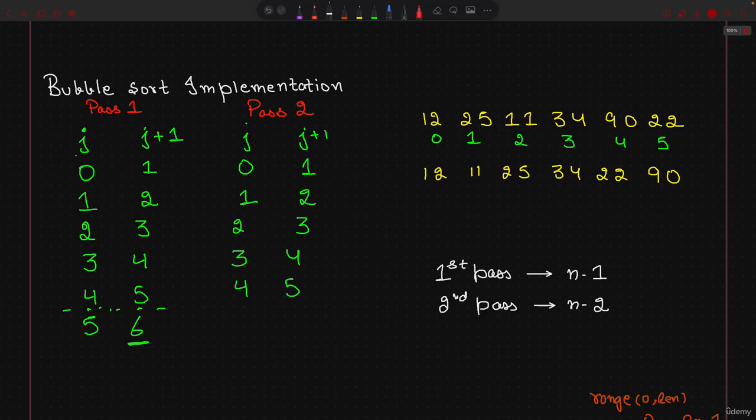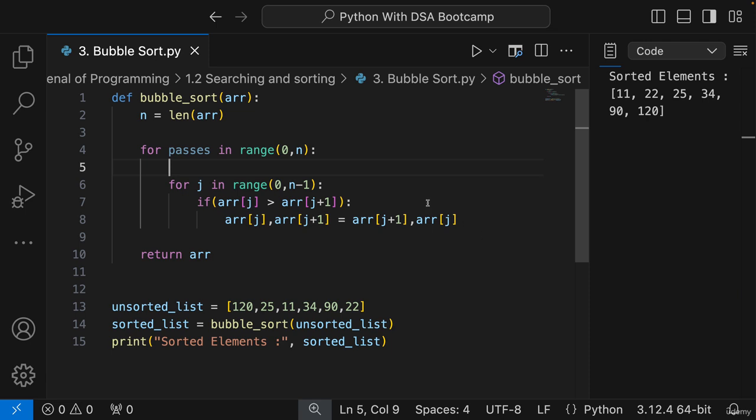So just n minus 2 elements. In a similar way, third pass, I have to do for n minus 3. Now I just need something to subtract from here, okay? So that this thing happens. What can be that thing?